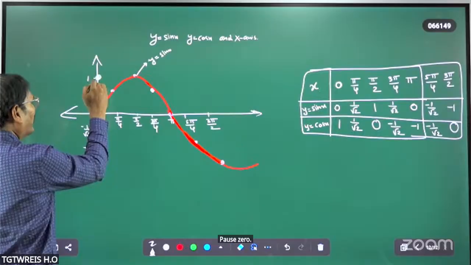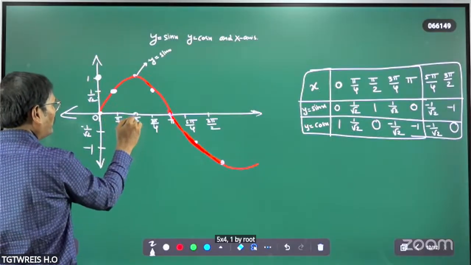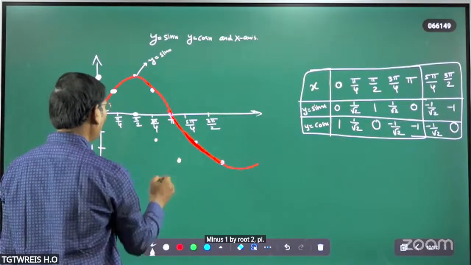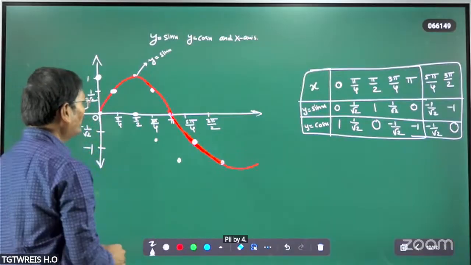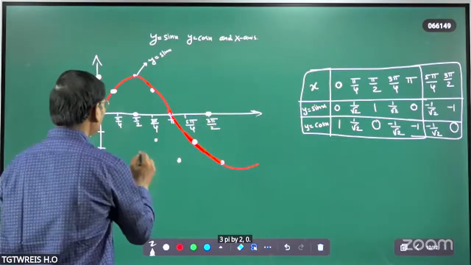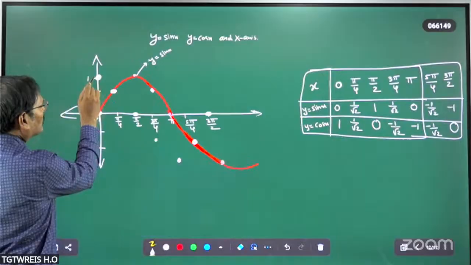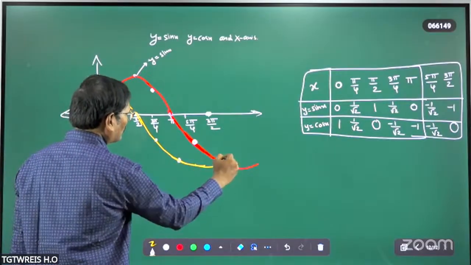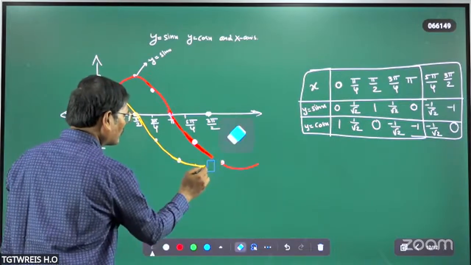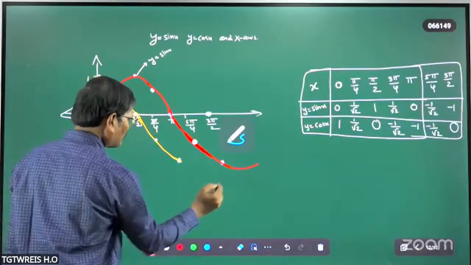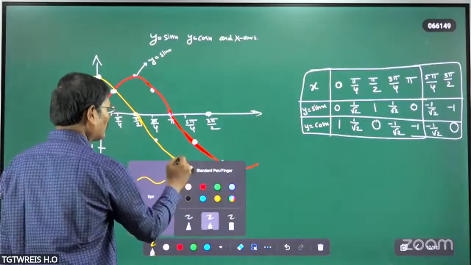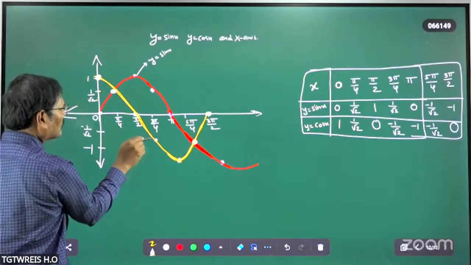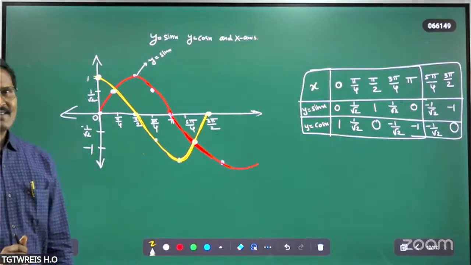Cos 0, 1, pi by 4, 1 by root 2, pi by 2, 0, 3 pi by 4, minus 1 by root 2, pi, minus 1, 5 pi by 4, minus 1 by root 2, 3 pi by 2, 0. So this is the graph of cos x.